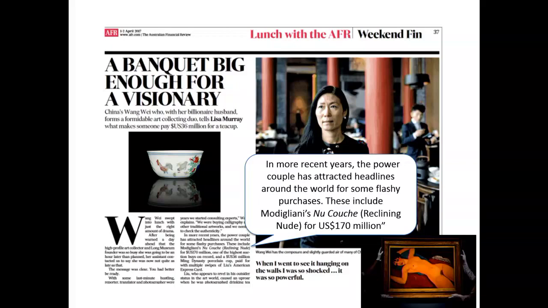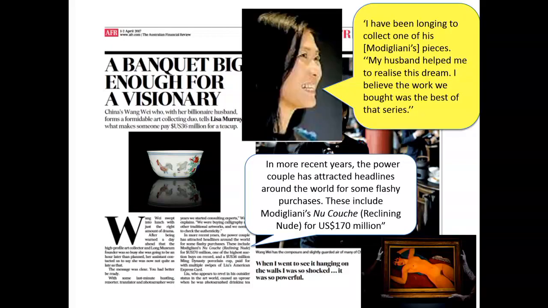They've made purchases including Modigliani's Nu Couché, a reclining nude, for $170 million. She says, I've been longing to collect one of his pieces. My husband helped me to realize this dream. I believe the work we bought was the best in that series. What makes this judgment is the stories that we tell. People have a collective story.